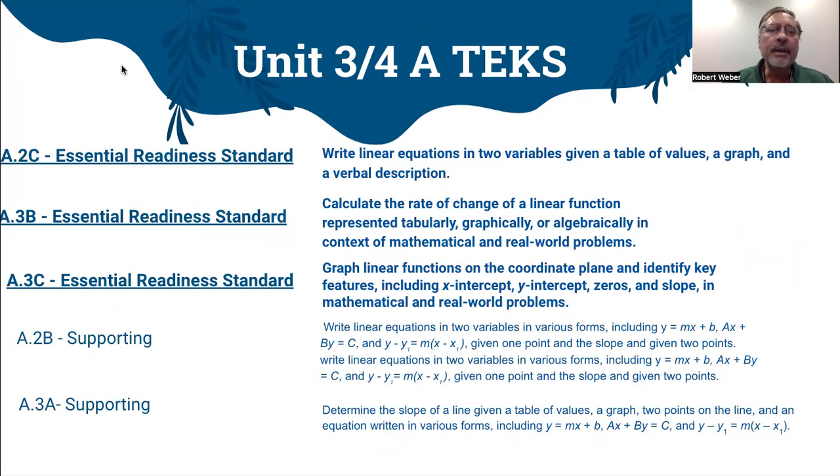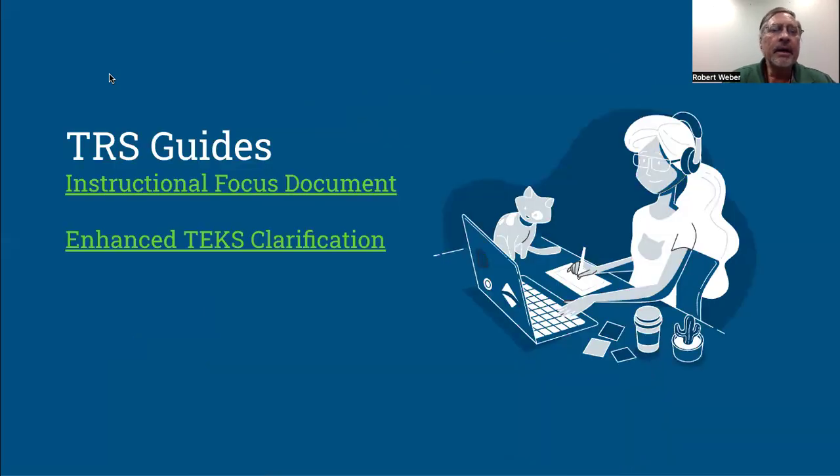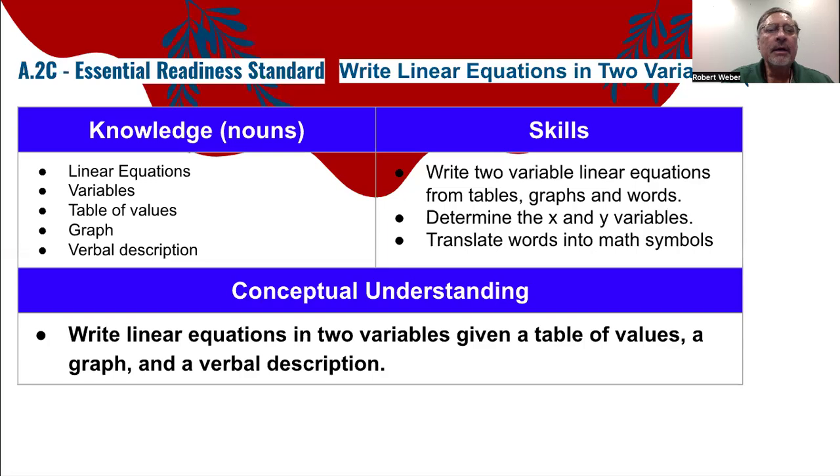Let's go to our TEKS breakdown so that we can talk about this and unpack them. Again, we focus a lot on the TRS guides for you if you have additional time. A2C, writing linear equations in two variables. So this is the actual writing of the linear equation itself. The knowledge that has to be taught to the students: the nouns, linear equations, variables, tables of values, graphs, and verbal descriptions.